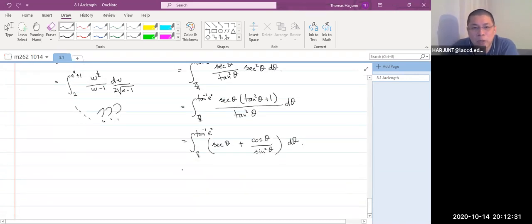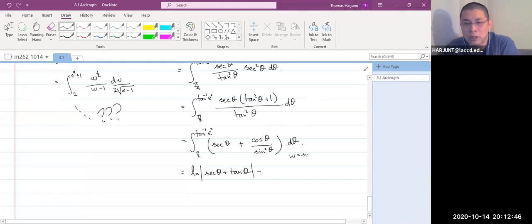Integral of secant, we know that's natural log of secant theta plus tangent theta. And if my w equals sine theta, my dw will be cosine theta d theta.